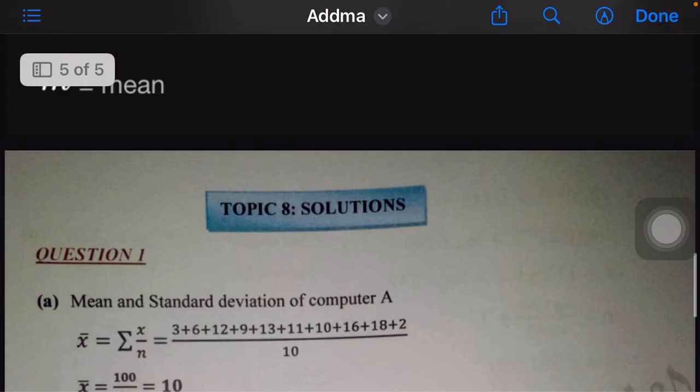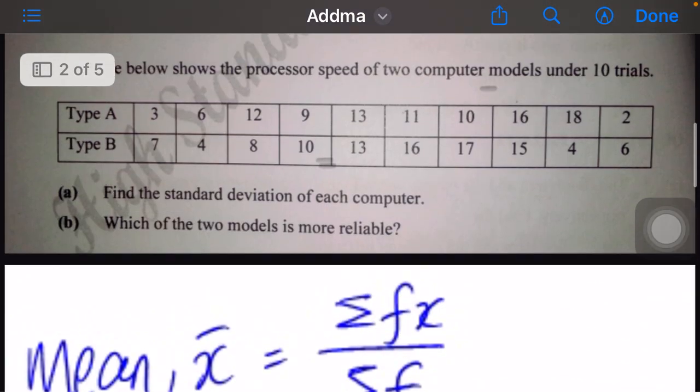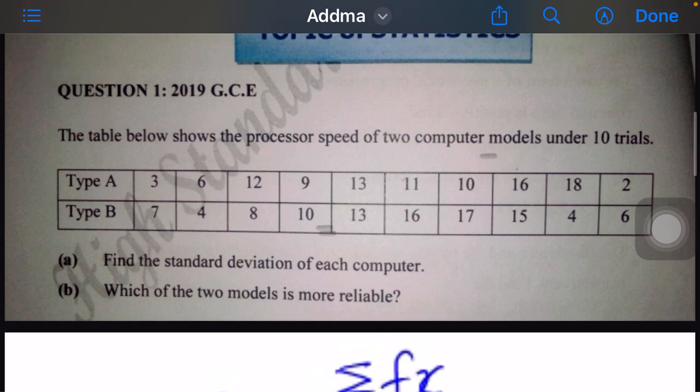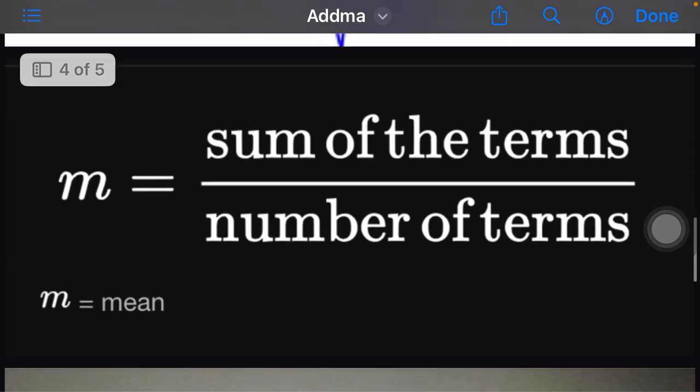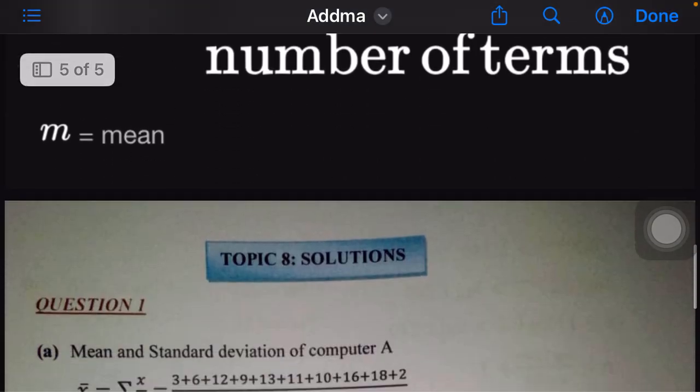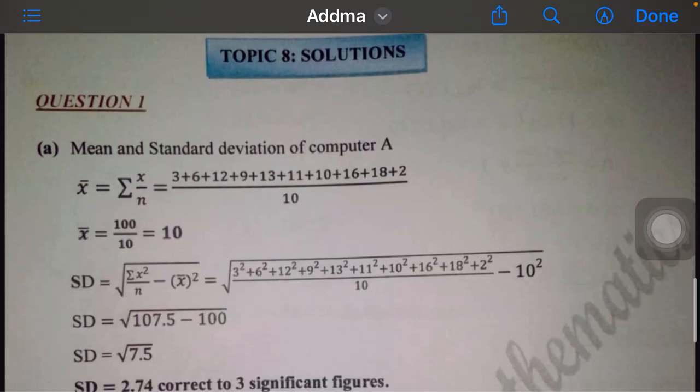So how do we now go to question B? Question B says, which of the two models is more reliable? So how do you find which computer type is more reliable?